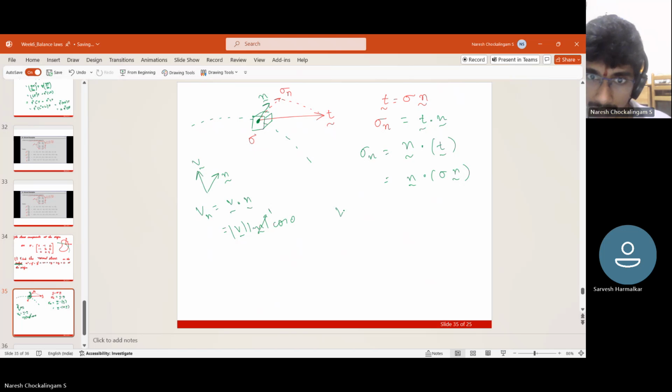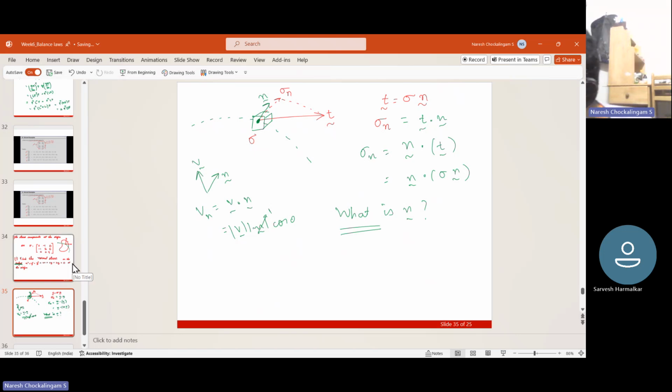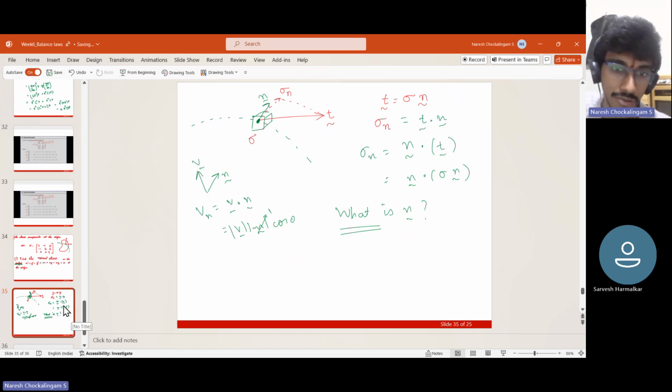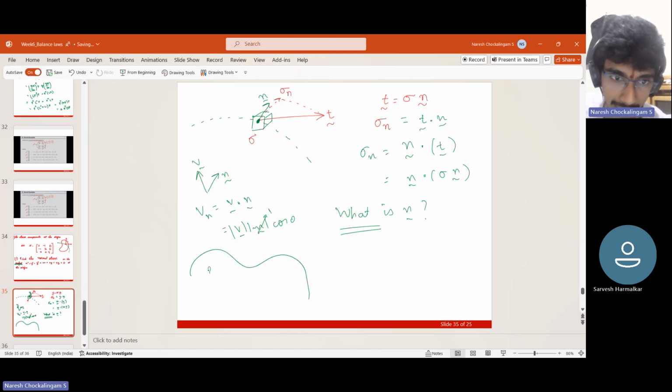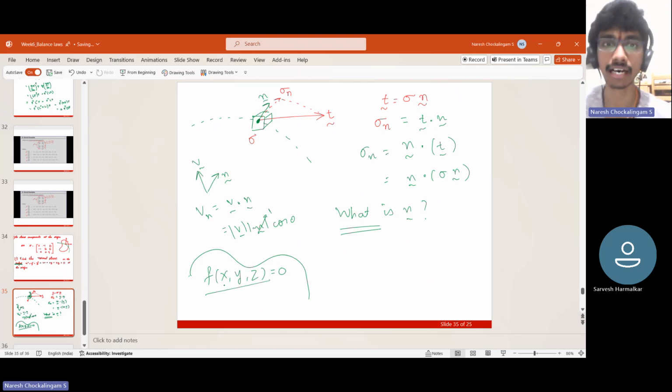What is n? So we need to find a normal. We need to find an outward normal to the surface. Let us do that. So how to find a normal? In the multivariable calculus that in first year BTech you could have studied, if there's a surface defined as f of x comma y comma z equal to 0, this defines a three-dimensional surface. F of x comma y comma z equal to 0 is the implicit equation of a three-dimensional surface.